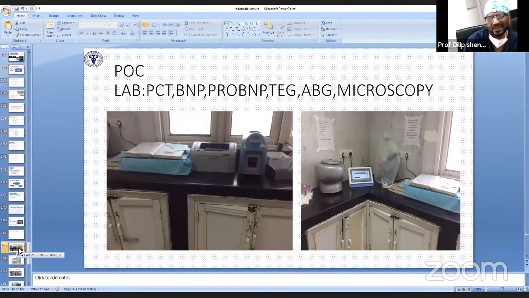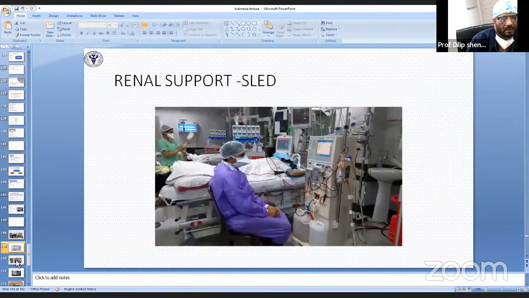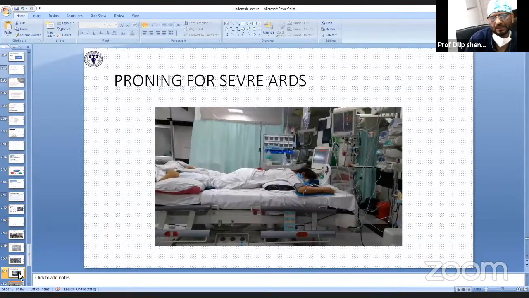Small lab investigations include point of care tests, BNP, and proBNP, to rule out various conditions. We have various ventilators and modern gadgets. We very commonly proning patients for ARDS, one of the centers to do so, and it is observed to be very useful.